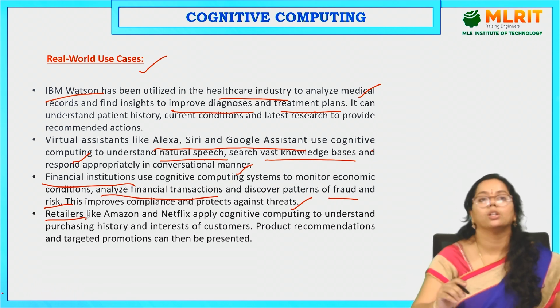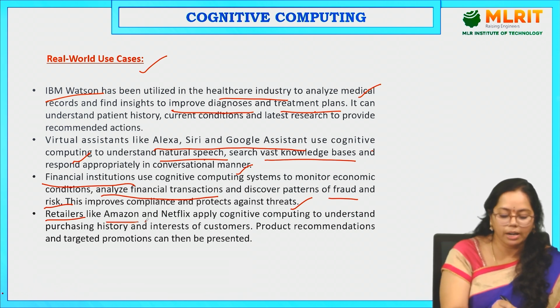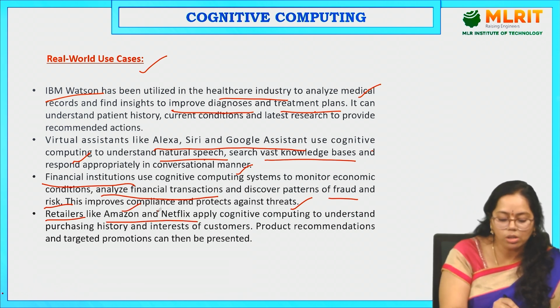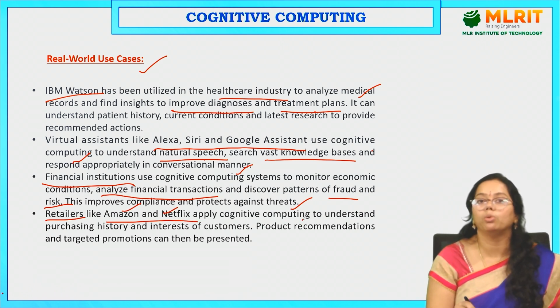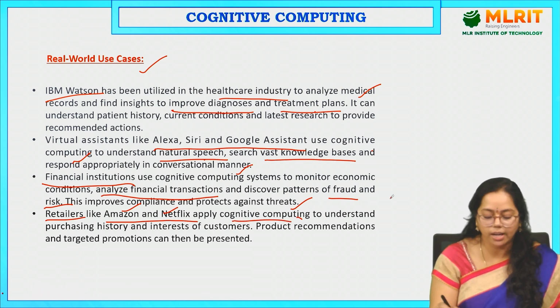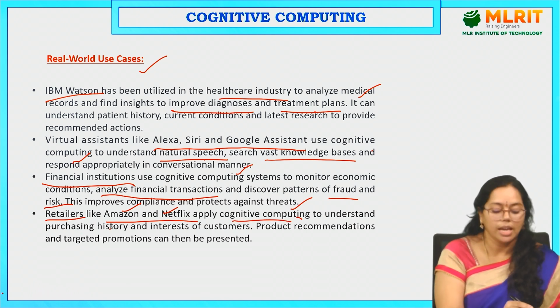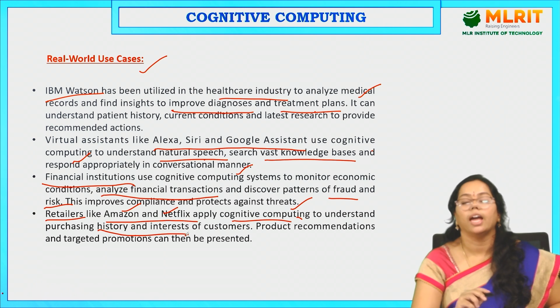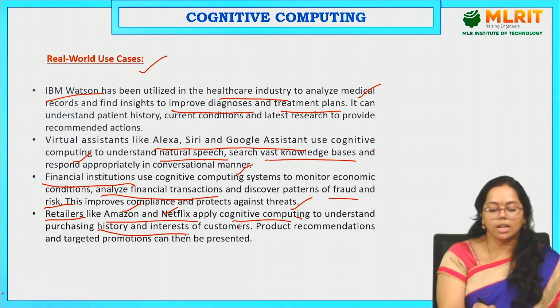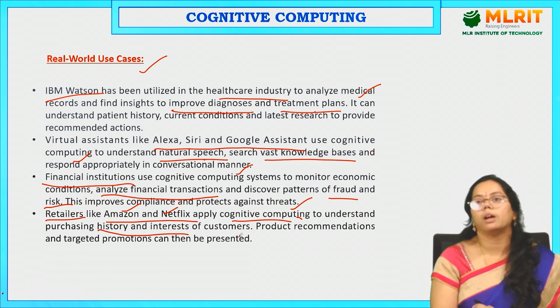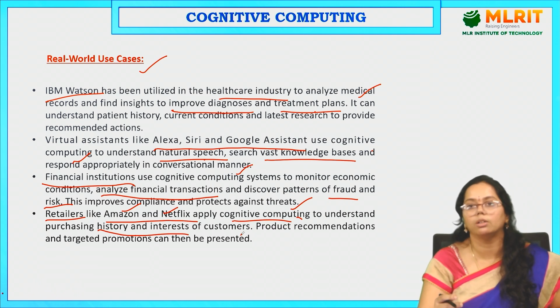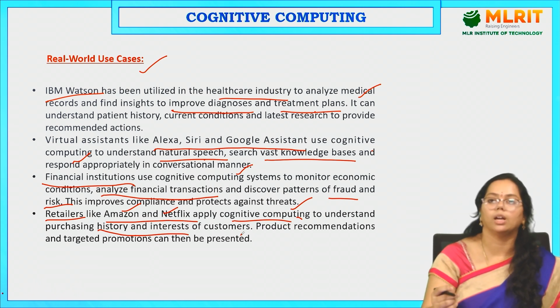Talking about retailers, who are our retailers? Like Amazon, Netflix. These also apply cognitive computing to understand the history and interest of the customer. The customer will keep on browsing or searching for some product for purchase or any requirement he has.